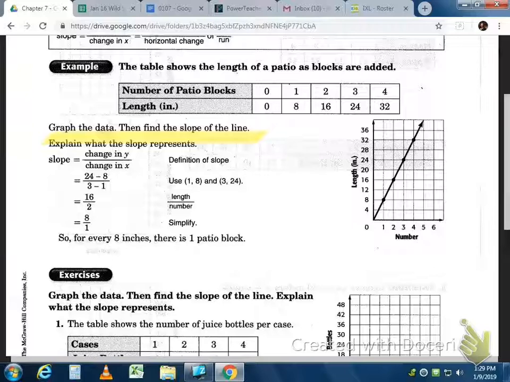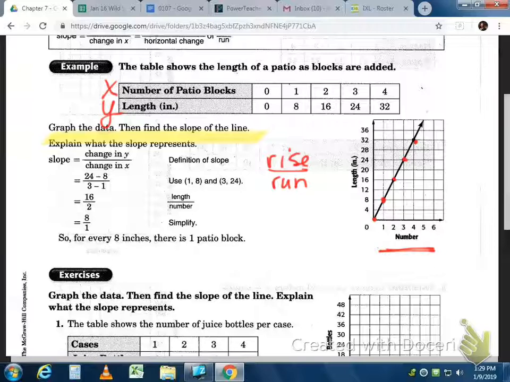So over here, they have gone to that table, and the number is x, the length is y. So they put in 0, 0, 1 represented 8, 2 was 16, 3 was 24, 4 was 32. So they plotted those in there. Then they graphed the line. I'm going to tell you a couple of different ways to find slope. Here's one. You know how we said rise over run?